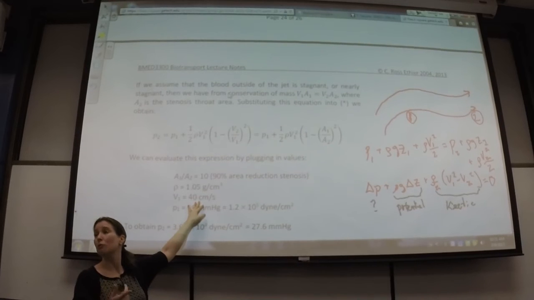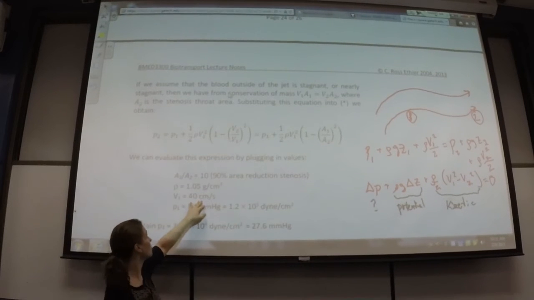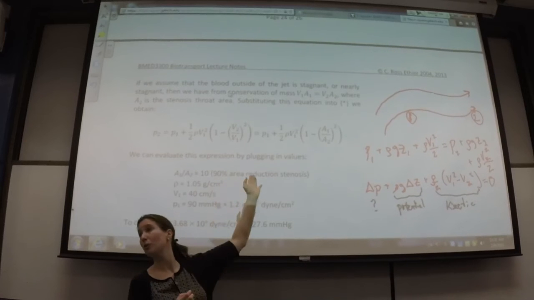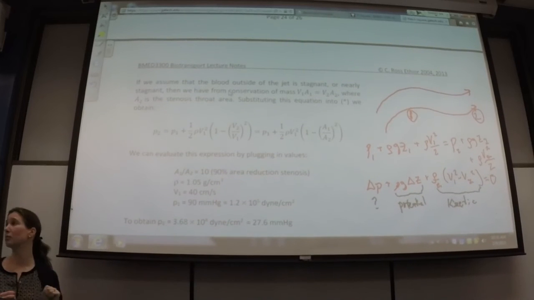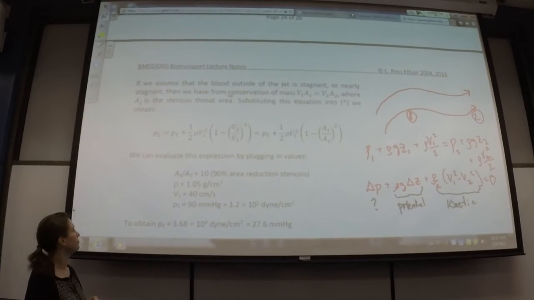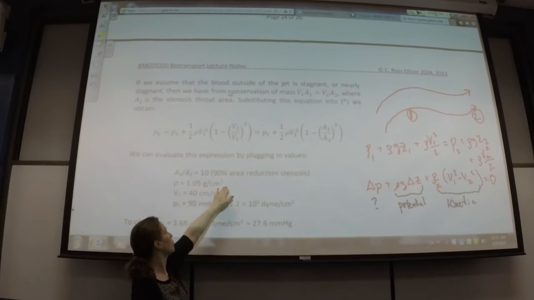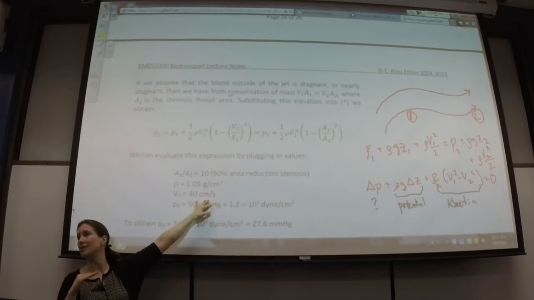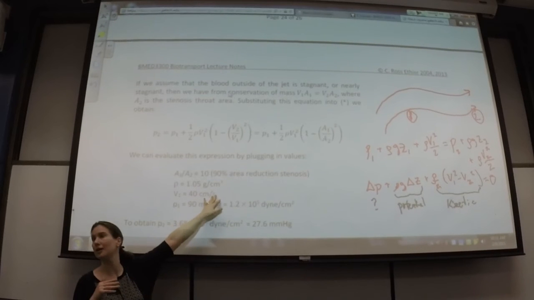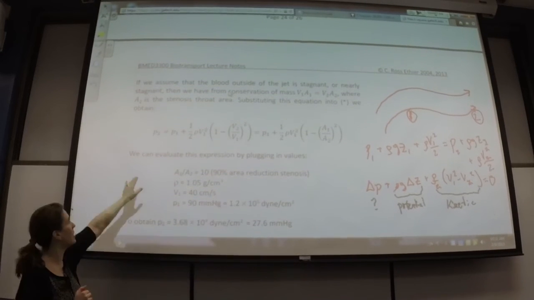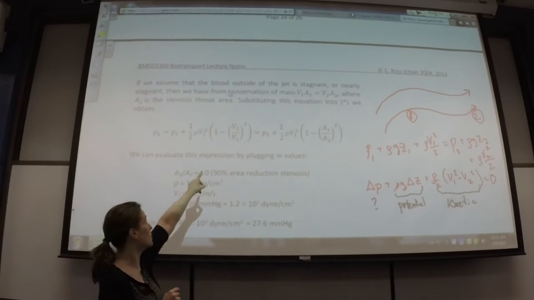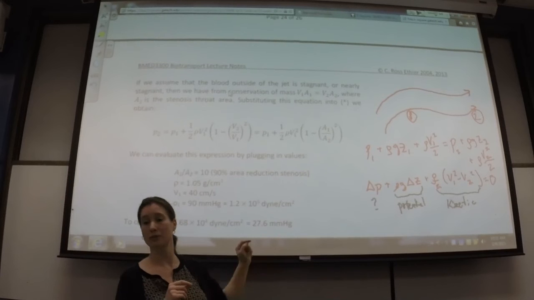We can solve for P2, and we can then also figure out what's going on with V2 based on this relationship. Okay, so we've got a constant density here, so we're going to apply knowledge about the blood into the system. And then we're going to rewrite this P2 in terms of V1, V2, A1, and A2.